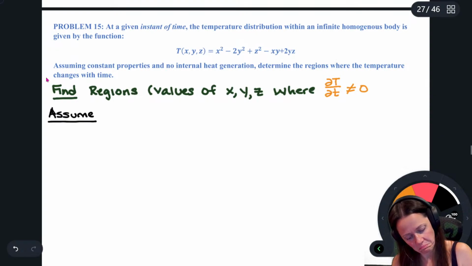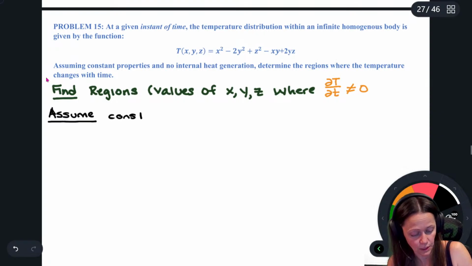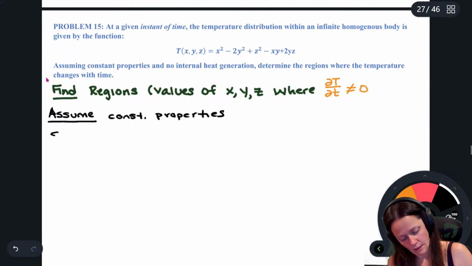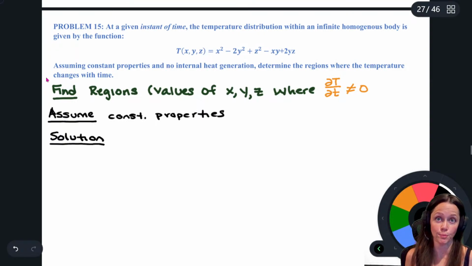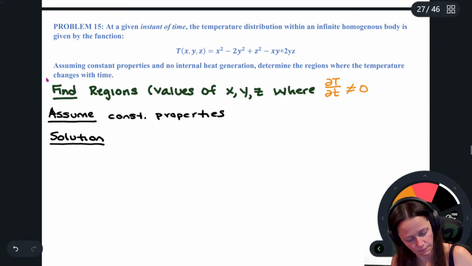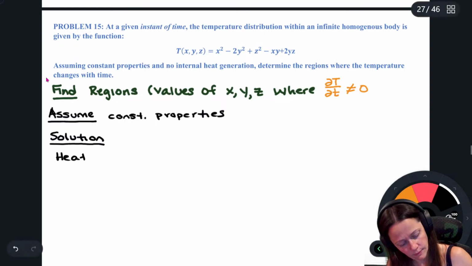Constant properties, they threw it in there, so I'll write that. Now we start by applying our heat diffusion equation. Heat diffusion, heat conduction, same thing.